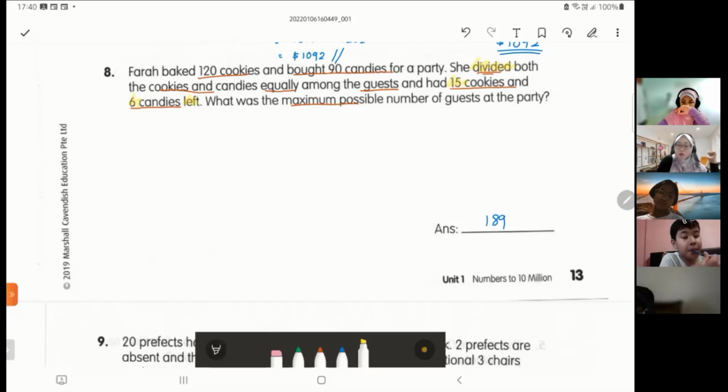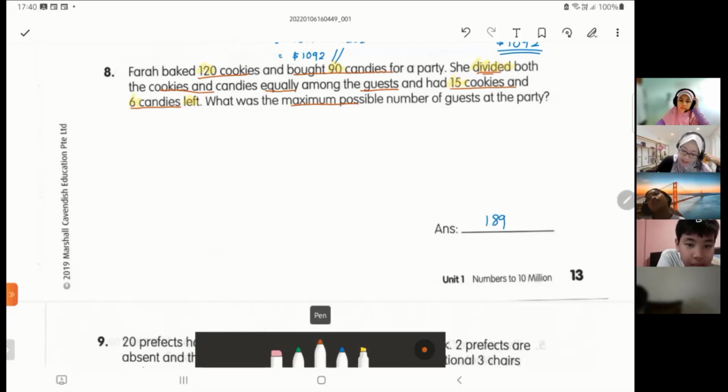Factors of what? Factors of my 120 cookies and 90 candies. But remember, there's leftover, so we need to find the number first. It means the leftovers are extra. These leftover cookies are known as the extras.